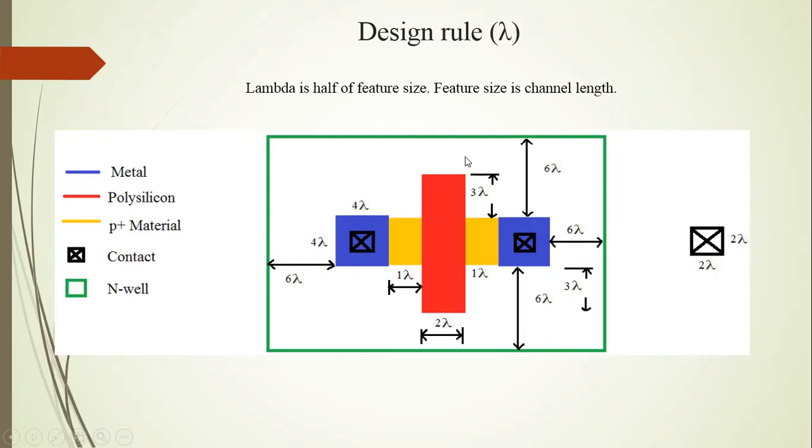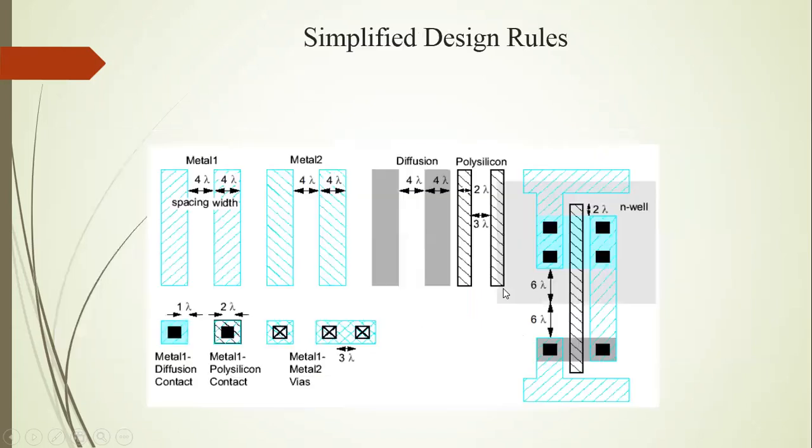Using this rule, you design your CMOS circuits. Here, metal to metal spacing is 4 lambda. Here, this metal and this metal again have spacing of 4 lambda. The width of metal is 4 lambda, and the distance between two polysilicon is 3 lambda, and polysilicon width is 2 lambda.